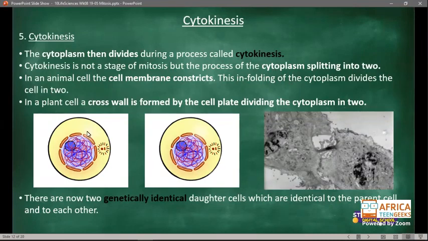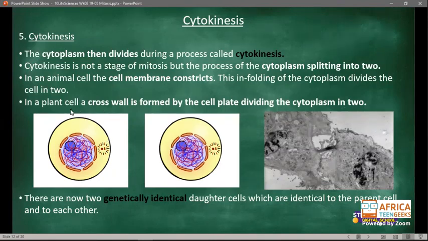Remember, the animal cell does not have a cell wall, but a cell membrane. So the cell membrane constricts, and this enfolding of the cytoplasm divides the cell in two. So we then have two identical daughter cells.